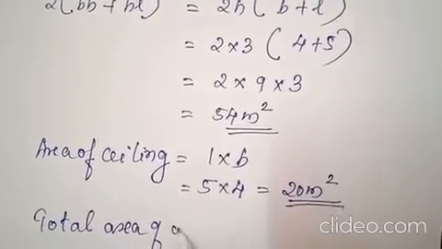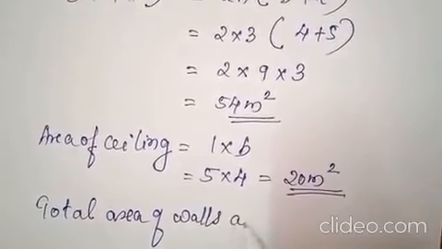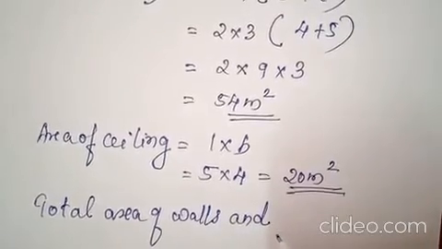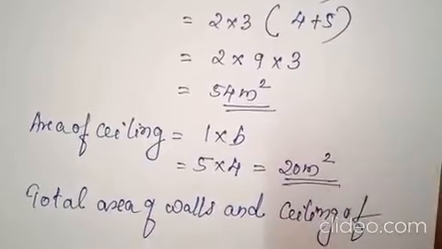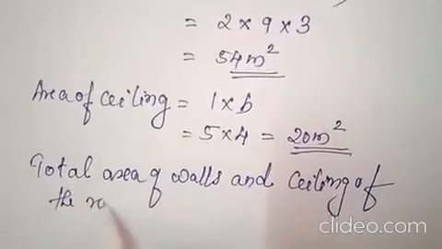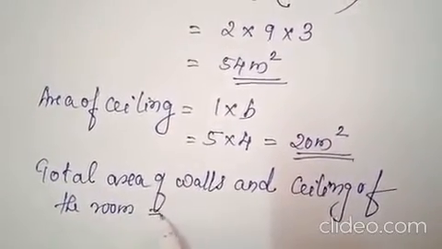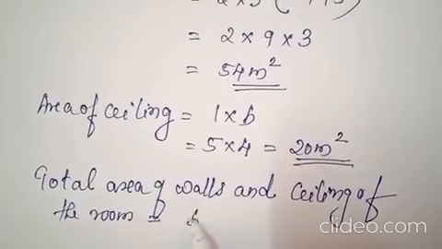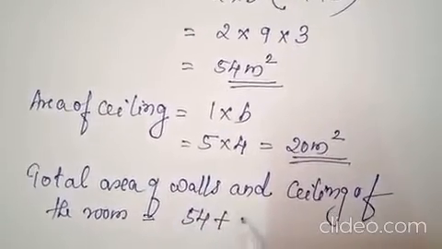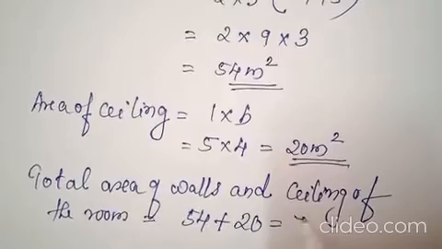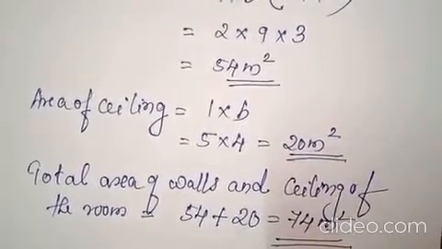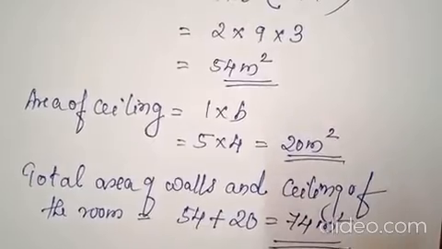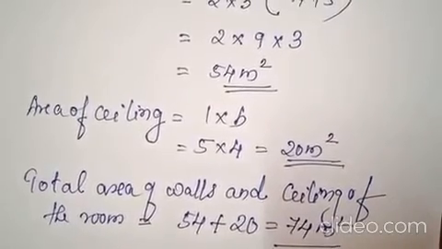Total area of walls and ceiling of the room. How to find the total area? We have to add these two: area of the four walls plus area of the ceiling. We will get the total, that is 54 plus 20 equals 74 meters square. So we got the total area, TSA.